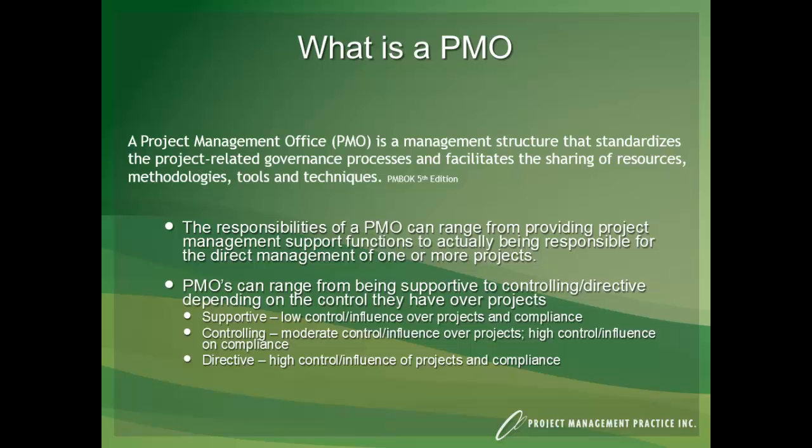And directive, probably the strongest of the PMO types, means that you have high control and influence of projects and compliance. So as you think about how the PMO is going to work within your organization, certainly the system plays a big part of that, and a tool like Project 2013 can be part of what that PMO supports.